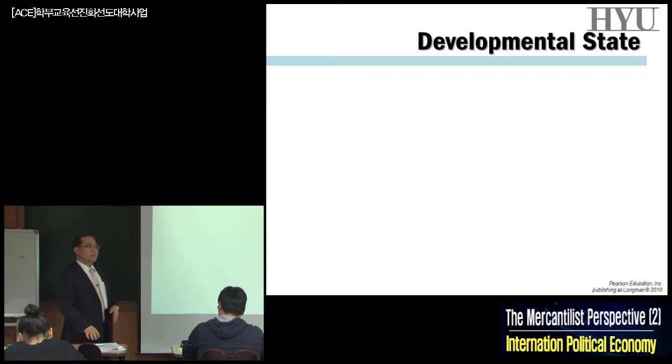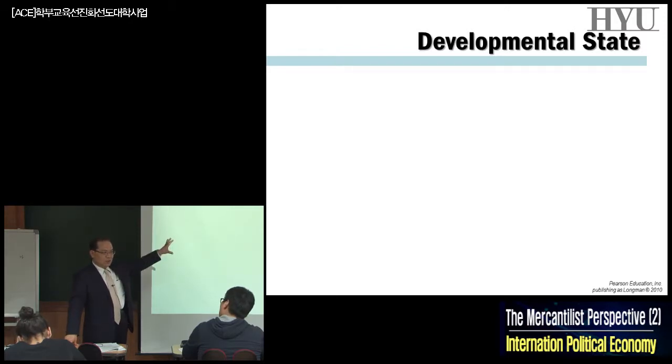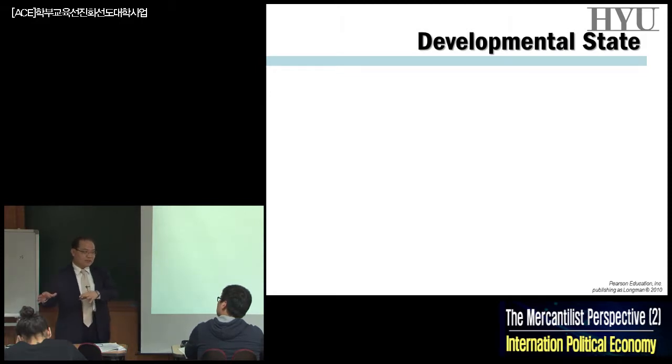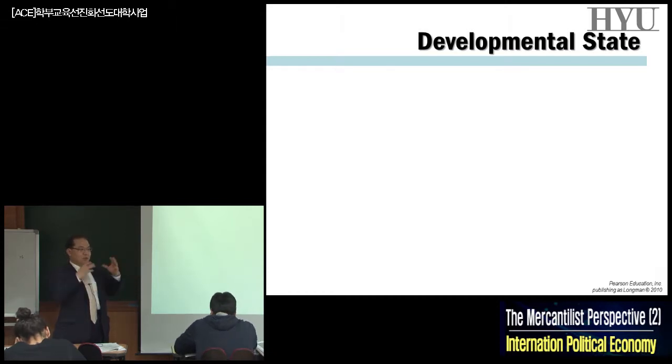And who is the scholar who revisited this developmental state argument? Robert Wade. So Jang Ha-jun was the first scholar who raised this issue. Then Robert Wade, in his book Governing the Market, revisited these issues again.